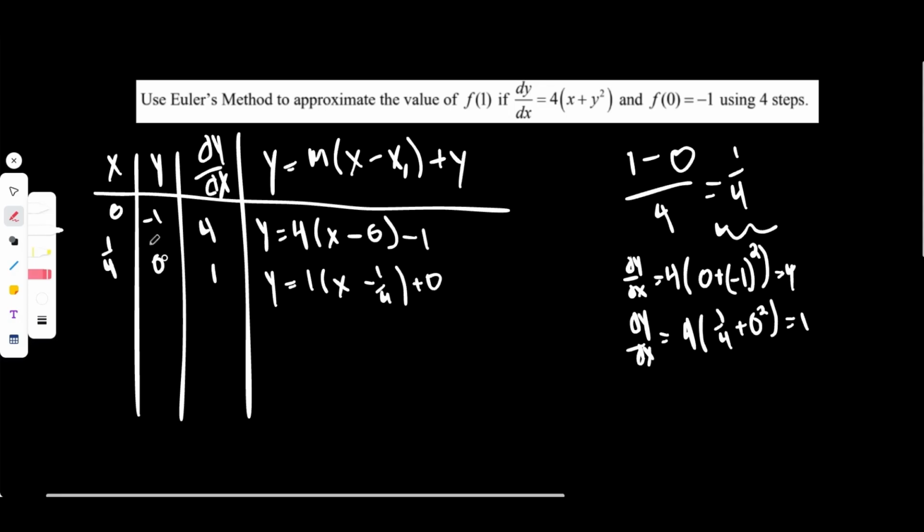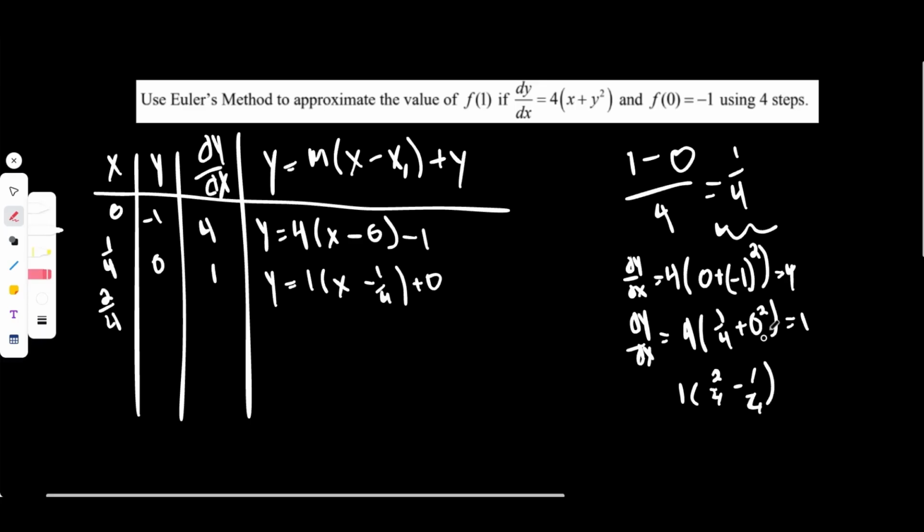And then we increment again, to 2 over 4. We plug this value into here. So now we can do 1 times 2 over 4 minus 1 over 4 plus 0.